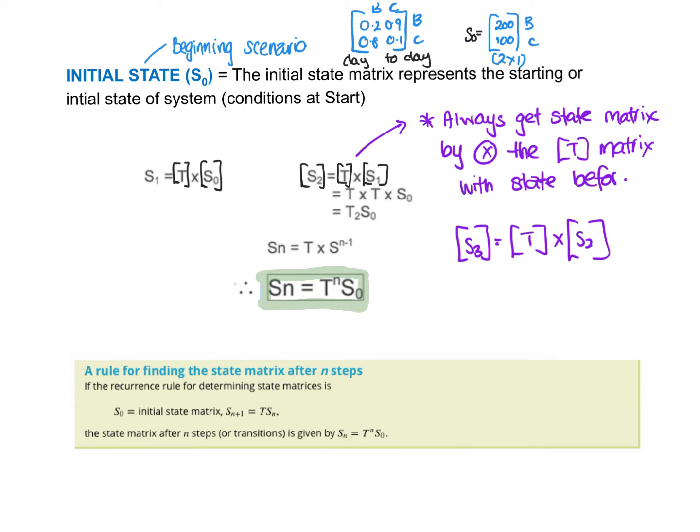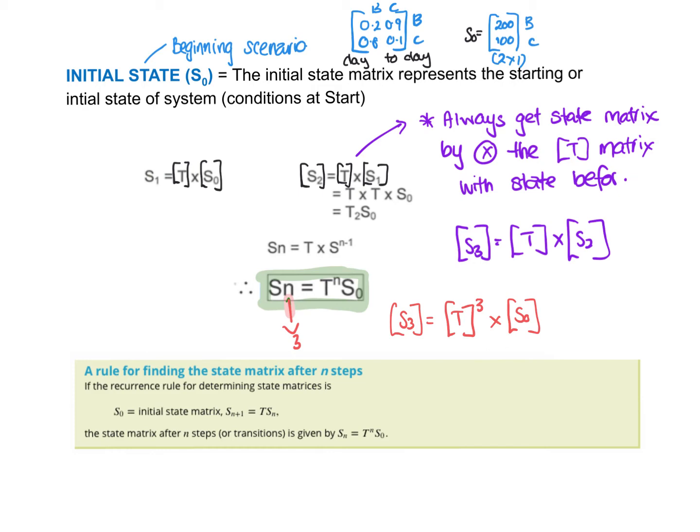And so what this rule is saying, if you want to find state 3, you do the transition to the power of 3 times what originally began.